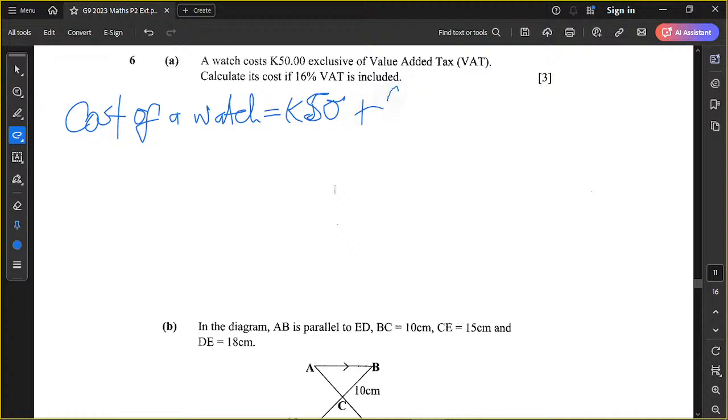So how much is VAT? We can say 50 kwacha times 16 over 100. So we can cancel 0 here and 0 here on top. Remember, these should be in brackets.